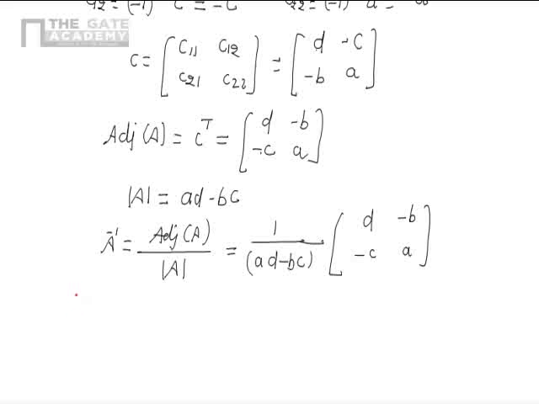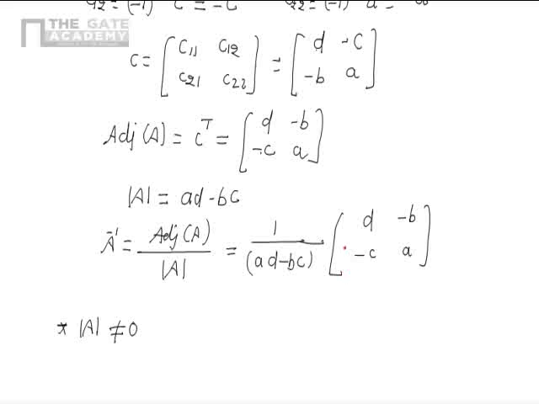So there are certain important things in order to find the matrix inverse. The first is determinant of A must be non-zero, then only we can find out the inverse of any matrix. And now let us take some short conclusion from the inverse of any matrix.